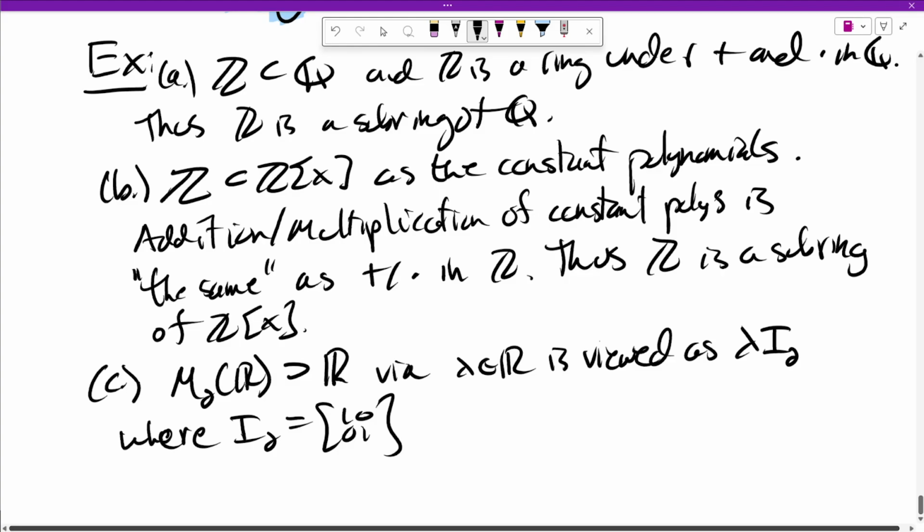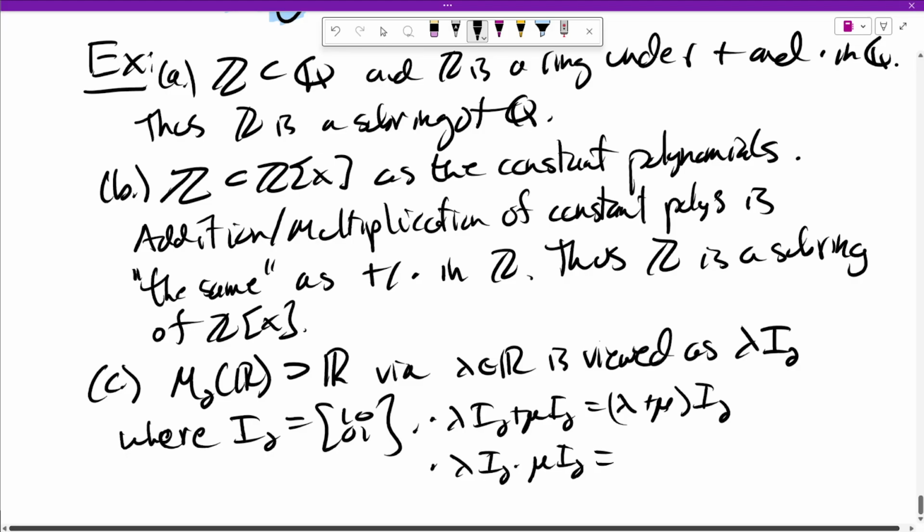And so, with matrix addition and multiplication, lambda I2 plus mu I2 is, factoring out the identity, (lambda plus mu) I2, and lambda I2 times mu I2 is, well, the identity times anything is itself. So if we multiply the identity with anything, we get that back.